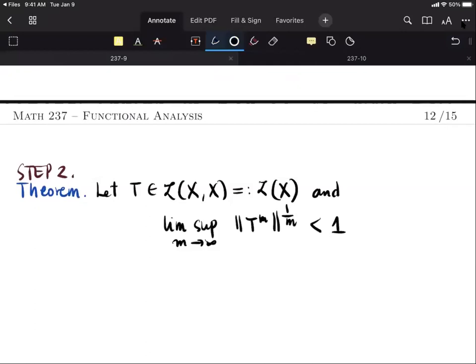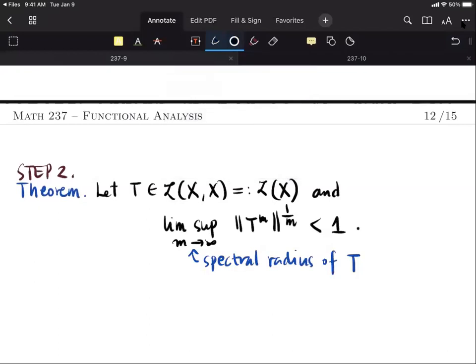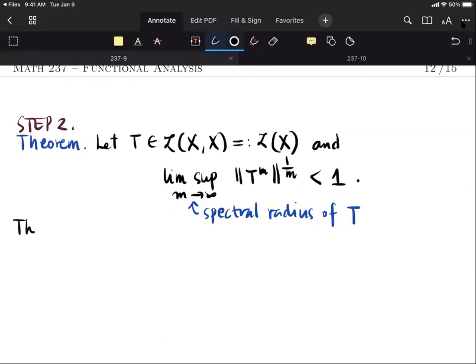This is called, by the way, the so-called spectral radius of your operator T. So if the spectral radius is less than 1, then the Neumann series, let us denote that by S, is the sum of the powers of T. So this is similar to your geometric series, but here the terms are now operators.